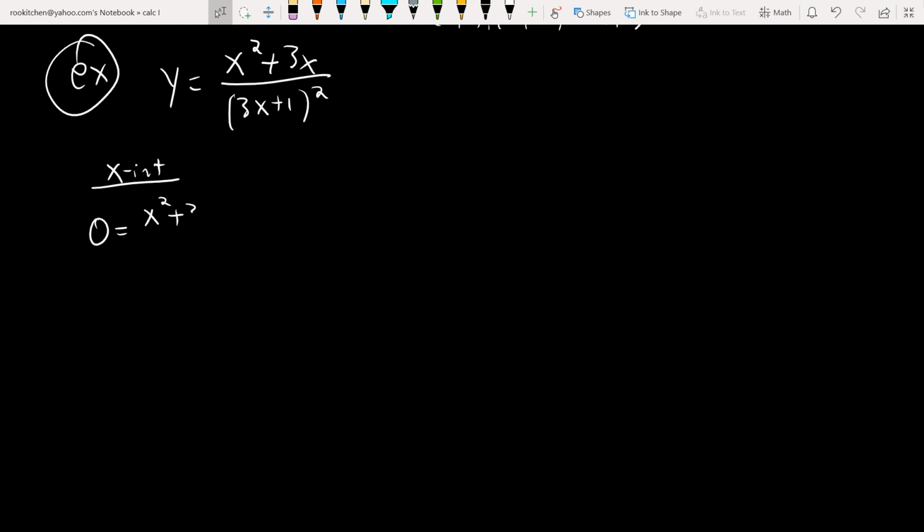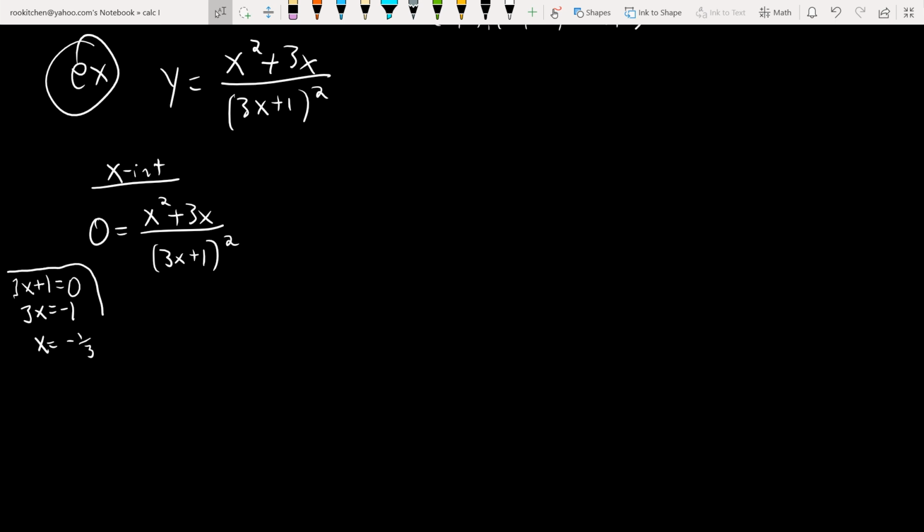So we have x squared plus 3x all over (3x plus 1) squared. Okay. This is a rational equation, and if you remember in rational equations, you kind of have to worry about restricted values. So here, 3x plus 1 can't be 0. We don't want that to be 0, so we find where that happens by solving this equation.